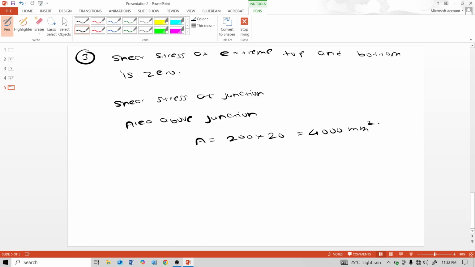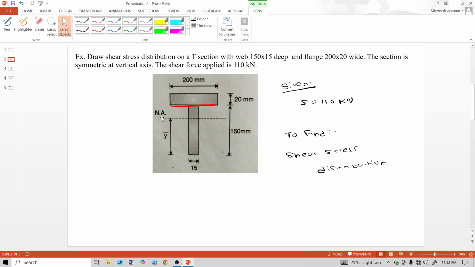And the CG of the area above junction with respect to the neutral axis is denoted as y. With respect to this neutral axis, this is the CG of the area above junction.